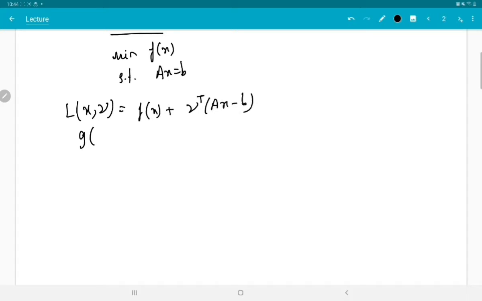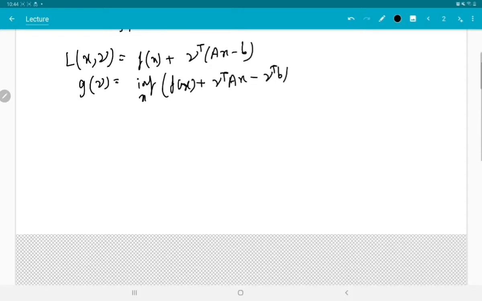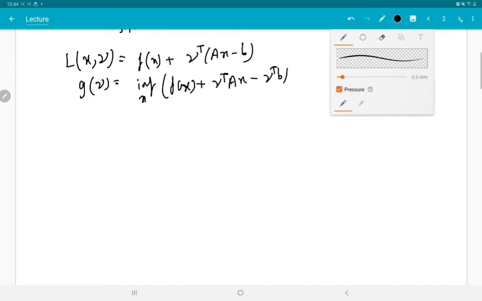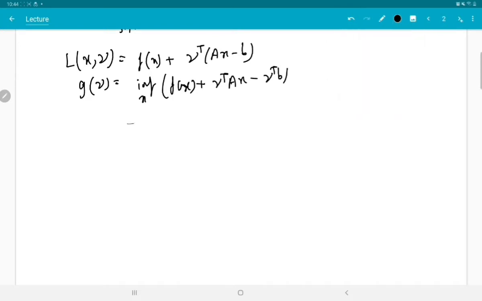So my g of nu is the infimum over x of f(x) plus nu transpose Ax minus nu transpose b, which is minus nu transpose b plus the infimum over x of f of x plus nu transpose Ax.